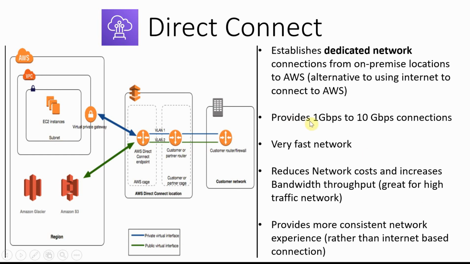Typically, the options that you have are 1 Gbps and 10 Gbps connection speeds. These are the two options. Generally this is very fast, and the networking costs can be drastically reduced because it's not going via the internet. If it goes via the internet, we can't say when the bandwidth is up or slow, because it is shared by multiple people, but here it is all yours.